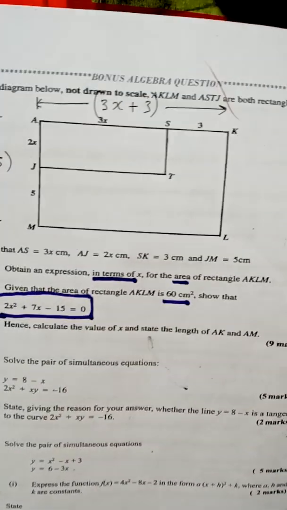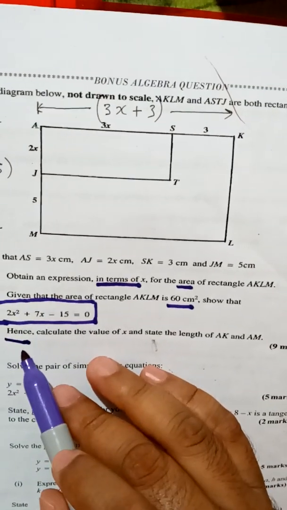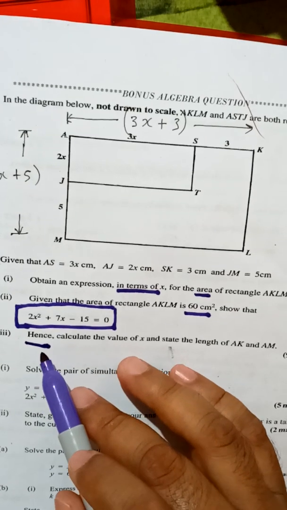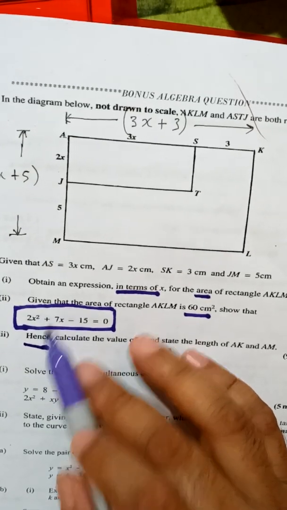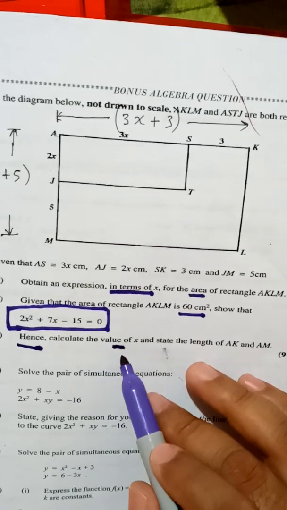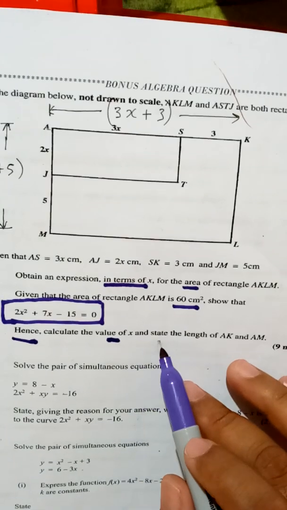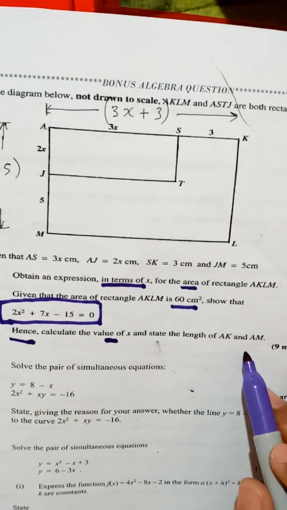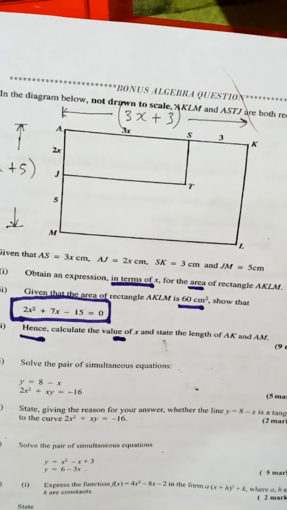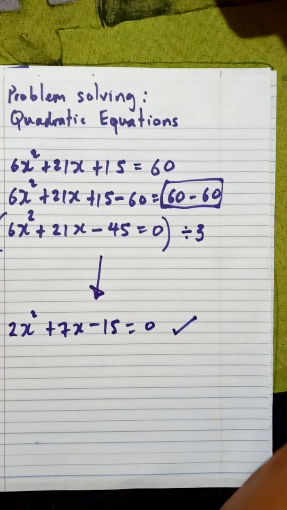Now the final part of this question says, hence, calculate the value of x and state the length of AK and AM. Usually hence means from the previous question.